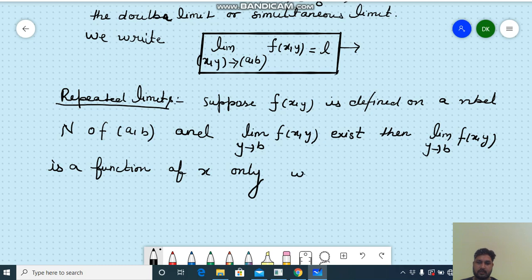We say it phi of x, that is phi of x is equal to limit y tends to b of f(x,y).